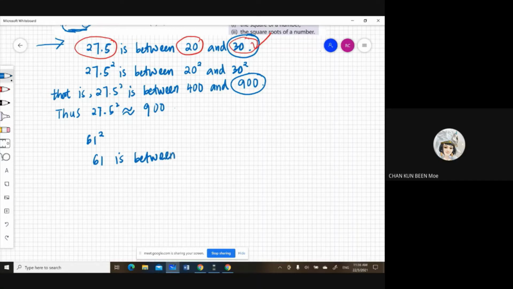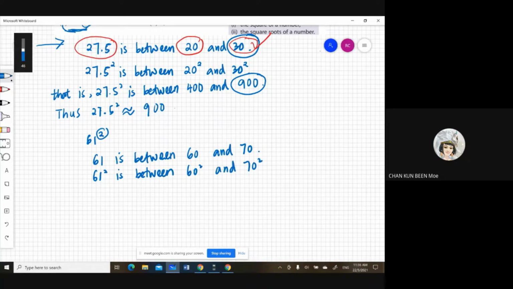It is in between 60 and 70. After that you are going to look for the square of it, so just add on the square on everything. 61 squared is in between 60 squared and 70 squared.